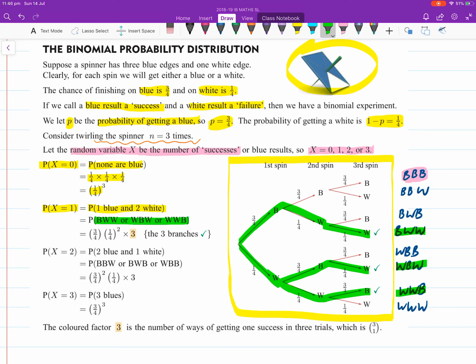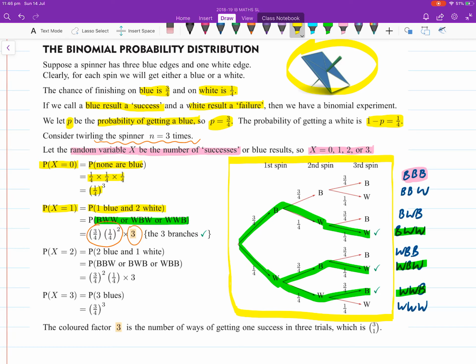So you're doing 1/4 times 1/4 times 3/4, just in a different order. So the shortcut is 1/4 squared times 3/4, but then times 3 because of the 3 different ways of getting it, the 3 branches.